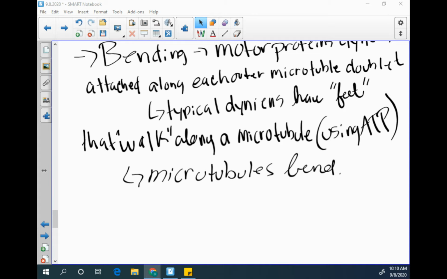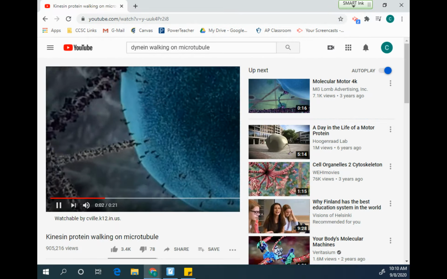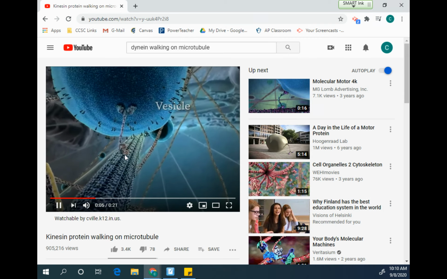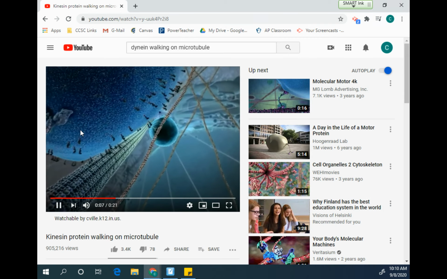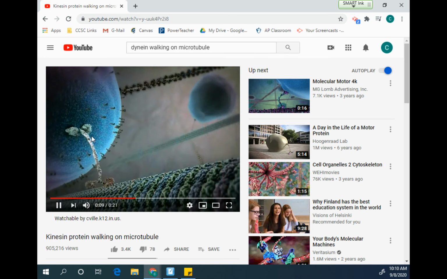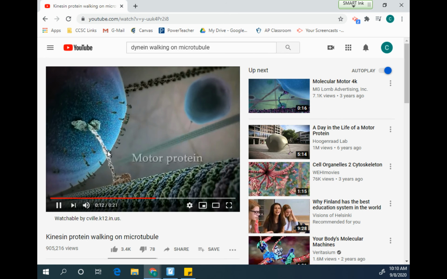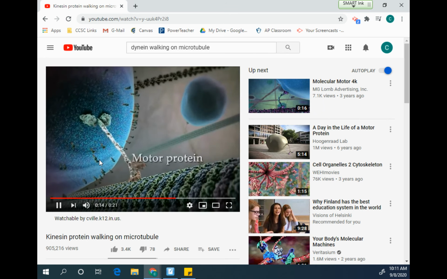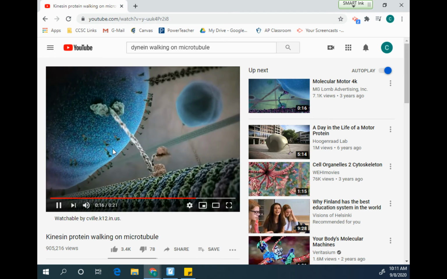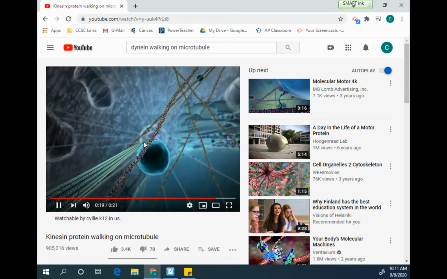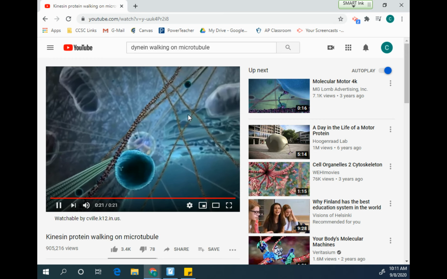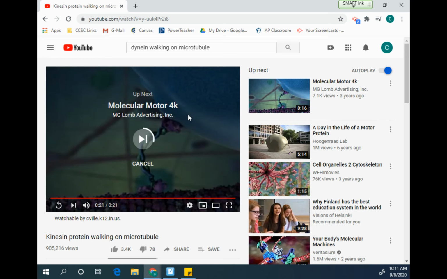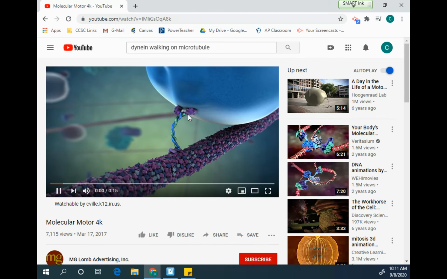So this right here. We've got its little feet that are moving. This one is specifically moving a cell along a microtubule, but if the top of this guy was attached to one microtubule, and so we've got two microtubules together, if it moves one, it can bend the entire organelle.